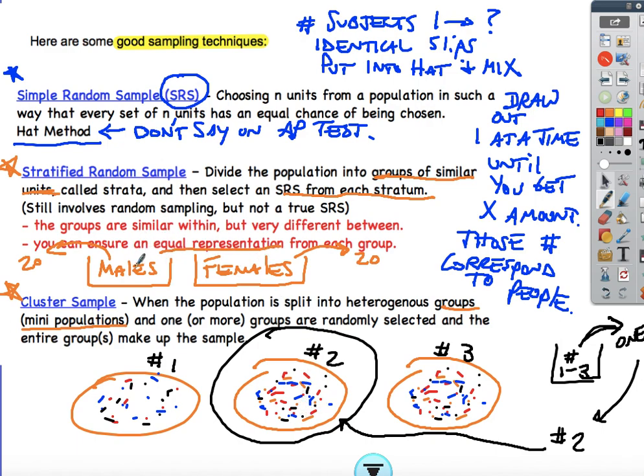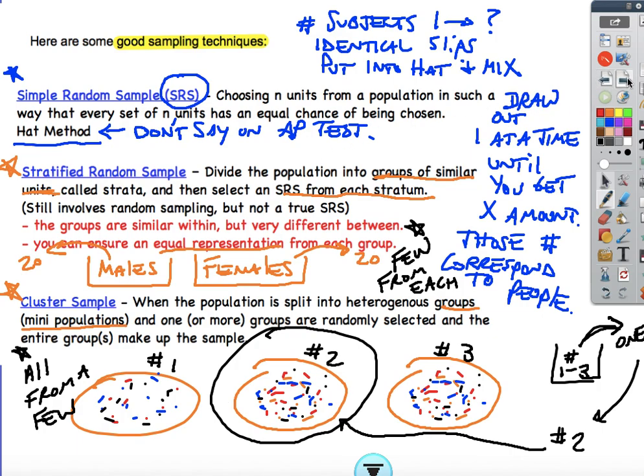Up in stratified, you're only selecting a few from each group. So this is the general idea: in stratified, you're selecting a few from each. In cluster, you're selecting all from a few. I don't know if that helps you at all, but you're taking all of the things in that group, but you're only selecting a few groups.